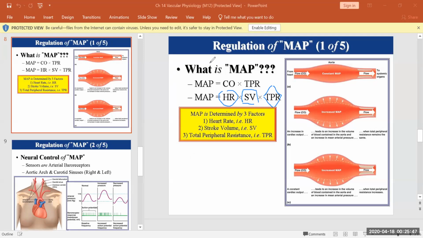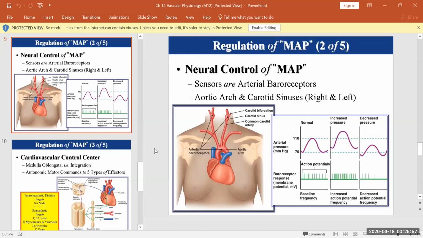So the first one, let me erase this. The first external mechanism coming from the nervous system, we call this neural control of mean arterial pressure. You need to go back a little bit from your anatomy.